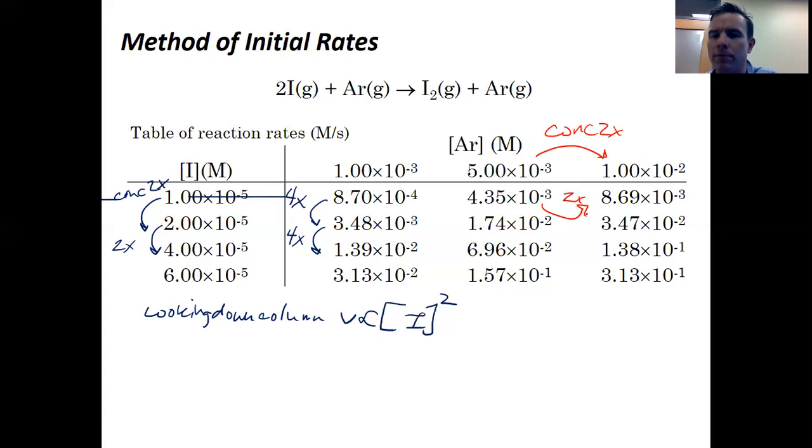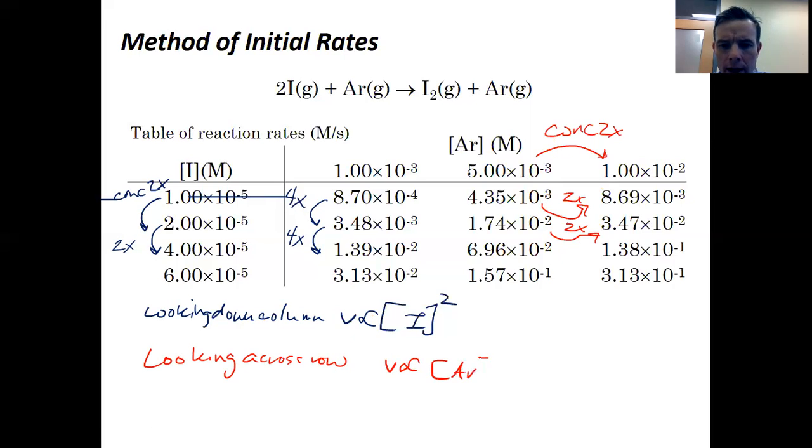This looks like it's going up 2x. If I look at this set of conditions, 1.7 times 2 is about 3.4. So this is 2x. I double concentration and the rate goes up by a factor of 2. So looking across a row, I would say that V is proportional to argon raised to the first. Double concentration, it doubles.